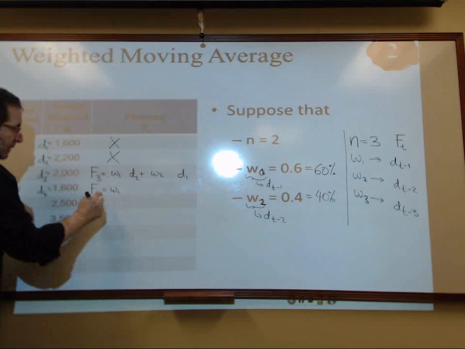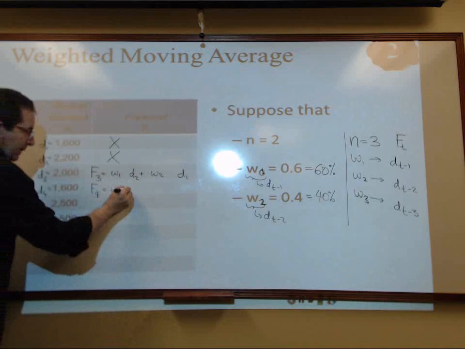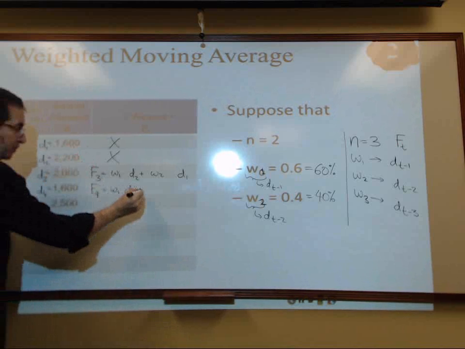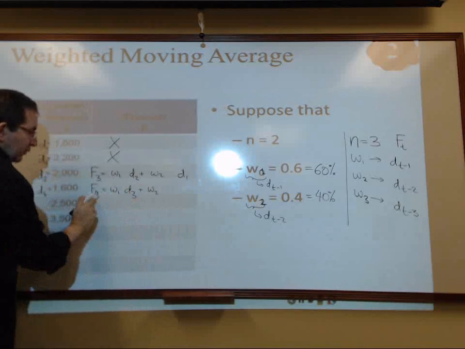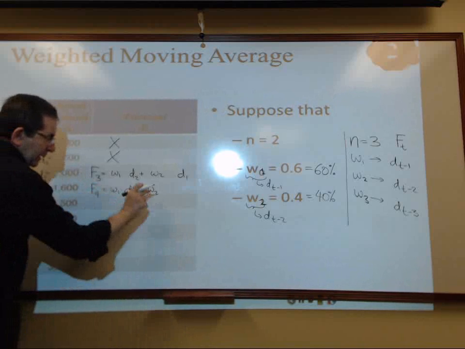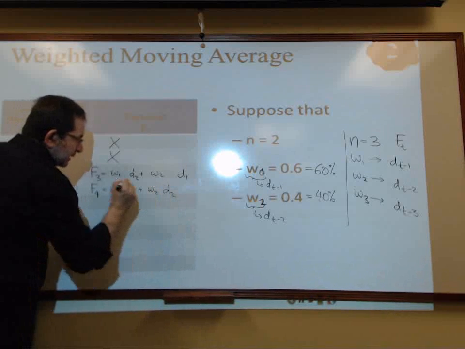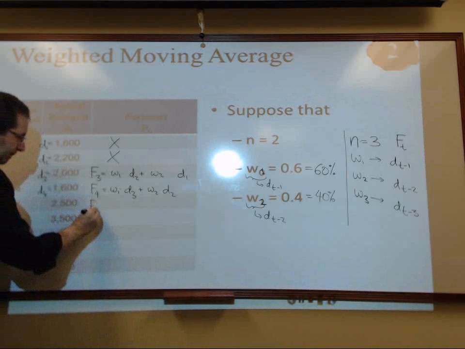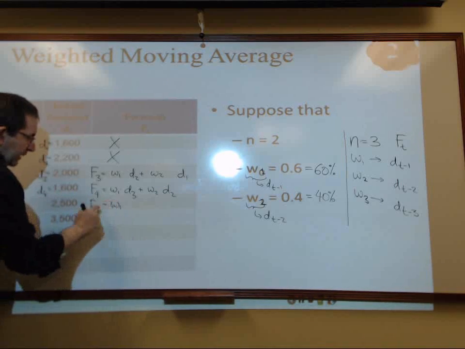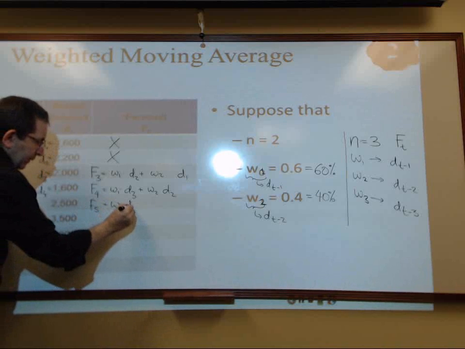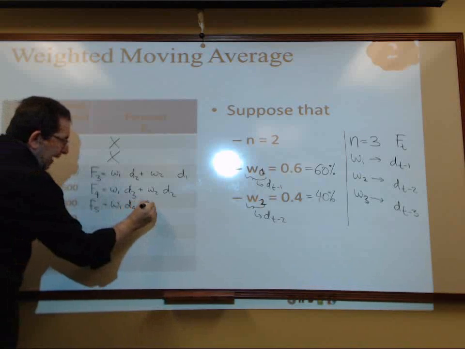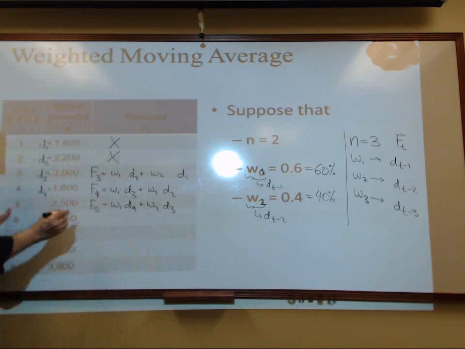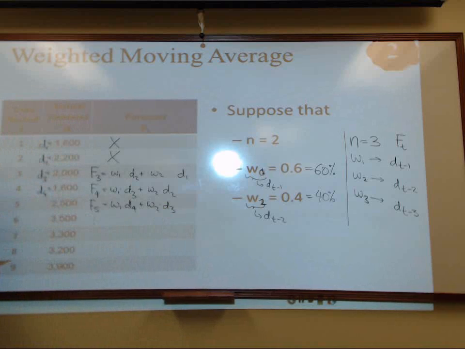I go back 1 period from 4 to 3, and then I go back 2 periods, W2. 2 periods from 4 brings me back to period 2. For period 5, go back 1 period to 4, go back 2 periods, 3, and so on and so forth.